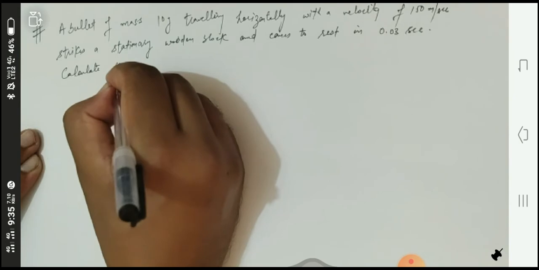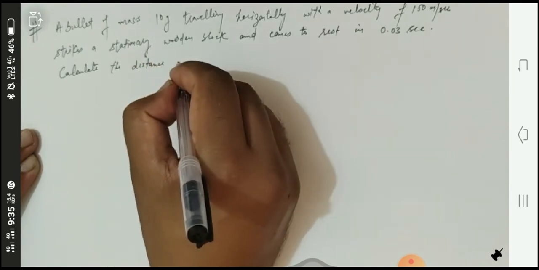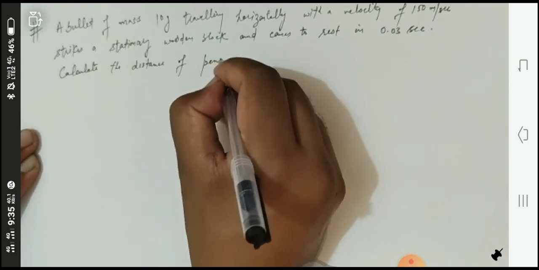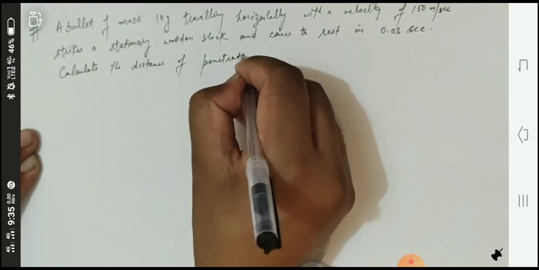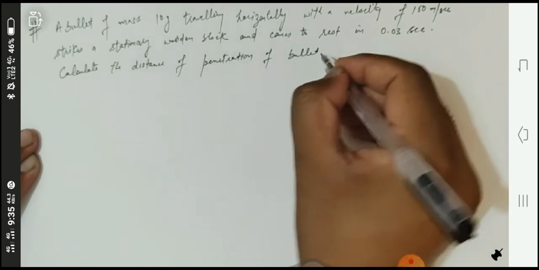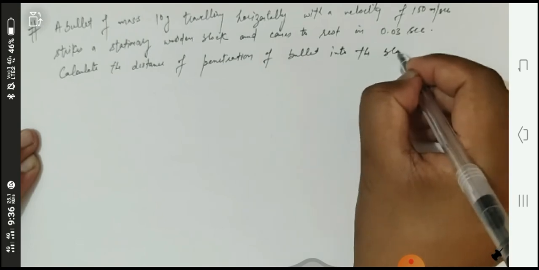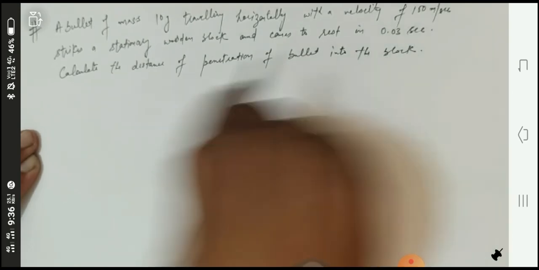Calculate the distance of penetration of bullet into the block.